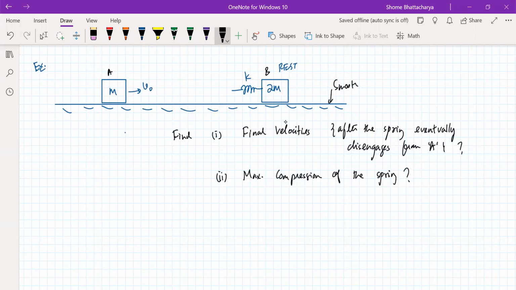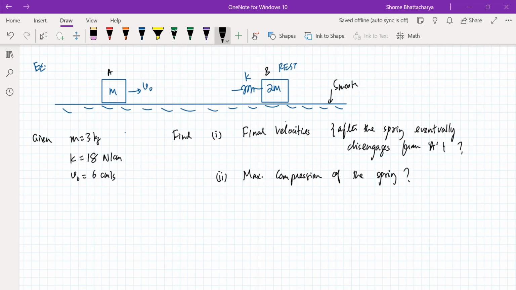Let's say we are given some values also. M is suppose 3 kg. So 2m is 6 kgs and the spring constant is, let us say, let's take this as 18 newtons per centimeter. And let's take V0 as, say, 6 centimeters per second and all that.